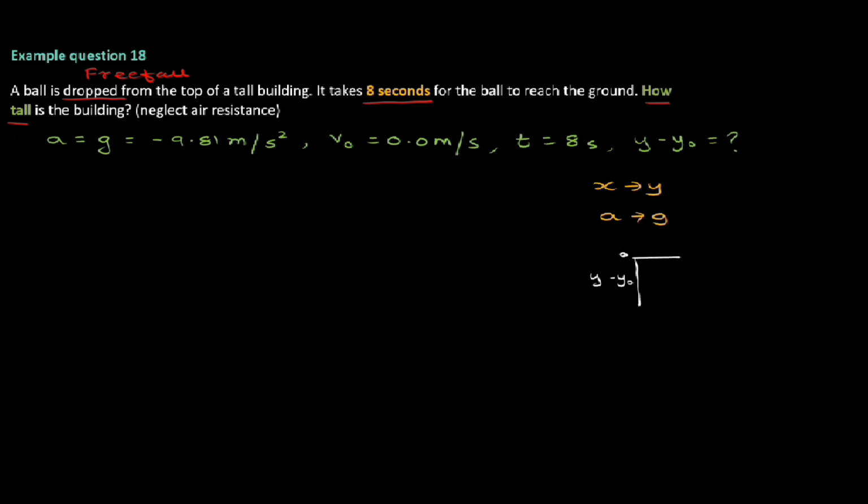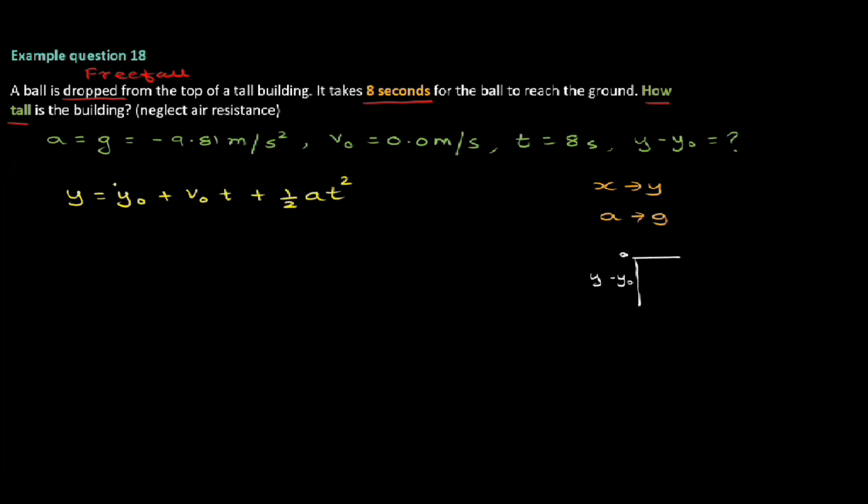If I want to find y minus y0 and I have the initial speed v0, the time t, and acceleration, I will use the first equation of motion, which says y equals y0 plus v0t plus half at squared.